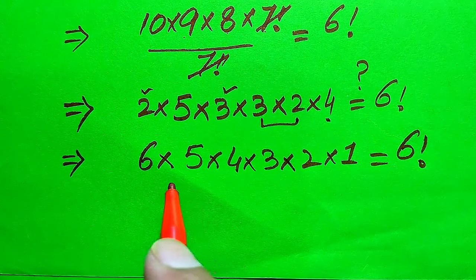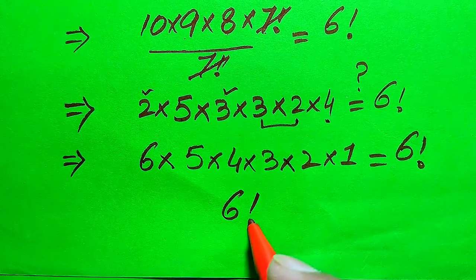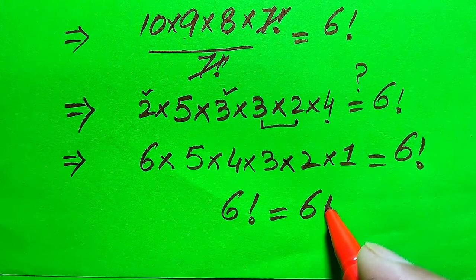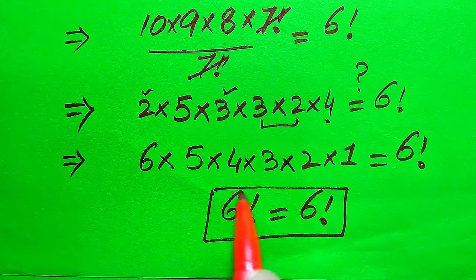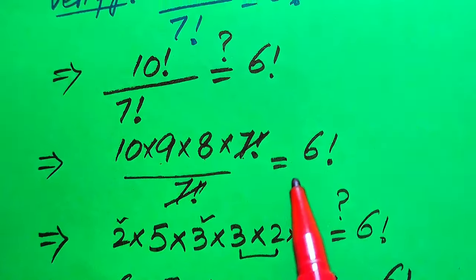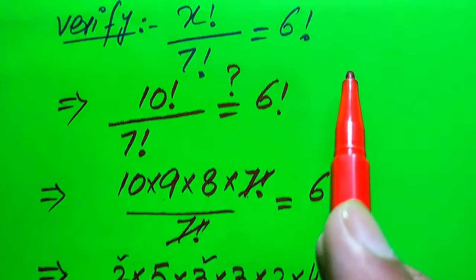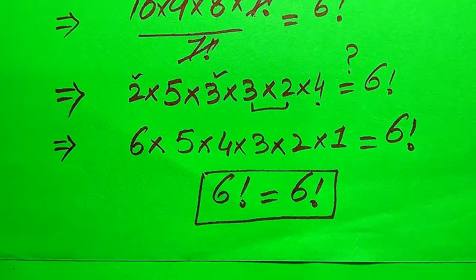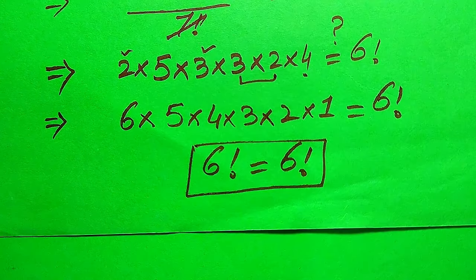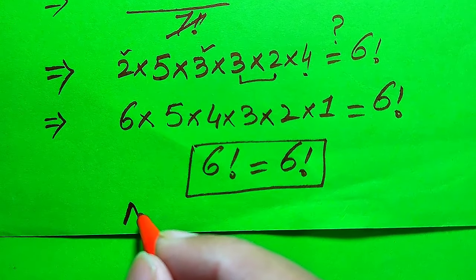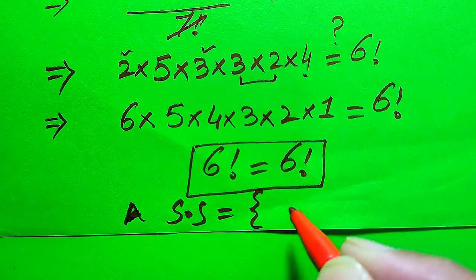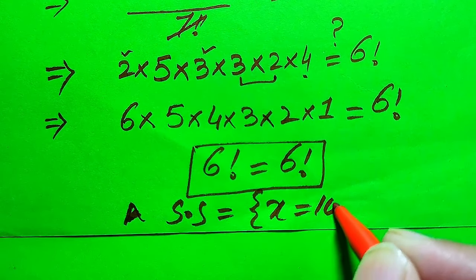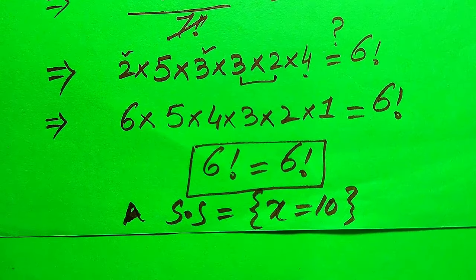Now you clearly see that our left hand side becomes 6 factorial equals 6 factorial. So both of the sides are equal. It means that x equals 10 satisfies our given question statement. So we finally conclude that this question has the solution set x equals 10. This is our final answer of this problem.